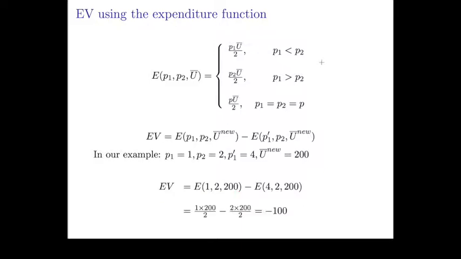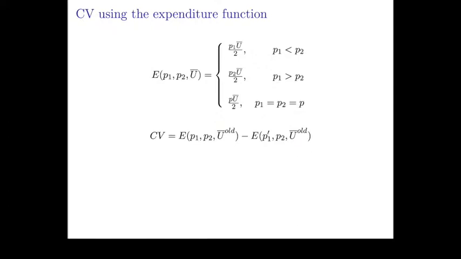Plug those into our expenditure function. We're going to get 1 times 200 over 2 minus, because we're going to be in the first case. And for this one, we're going to be in the second case because p2 is smaller than p1. So we plug in 2, which is p2, times u bar over 2, where u bar is 200. So that's 100 minus 200, which is negative 100.